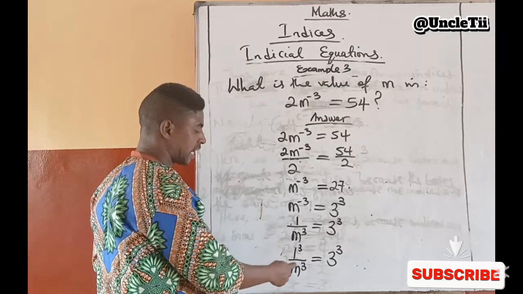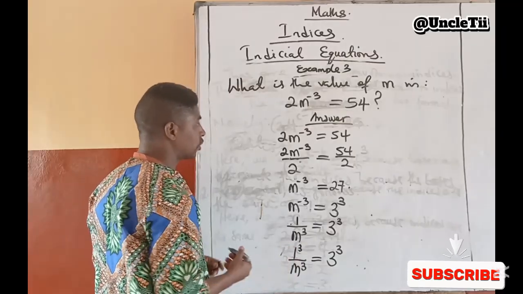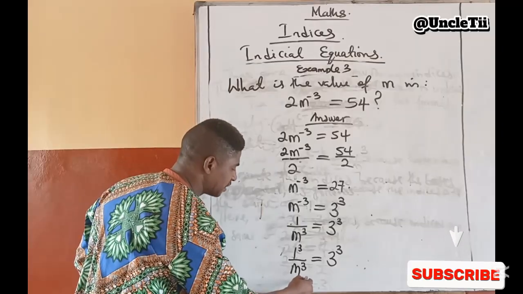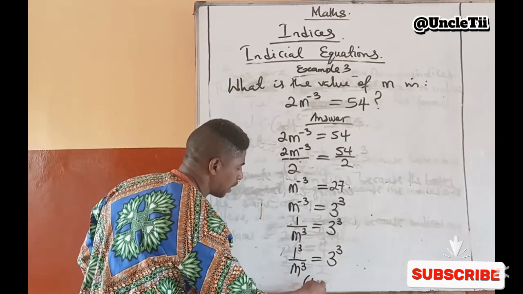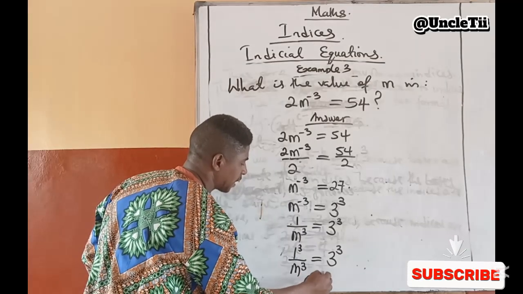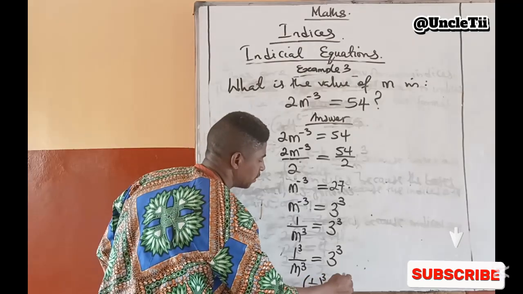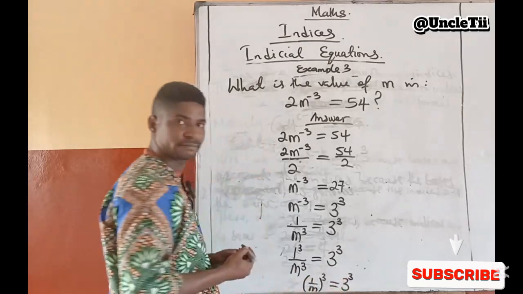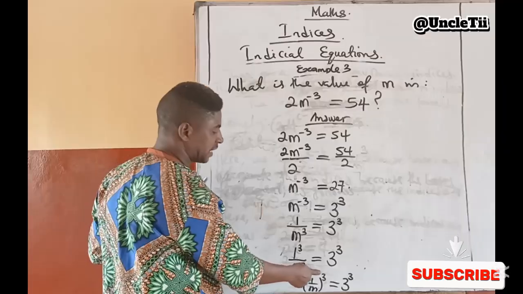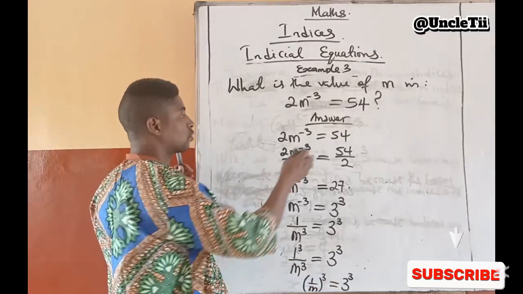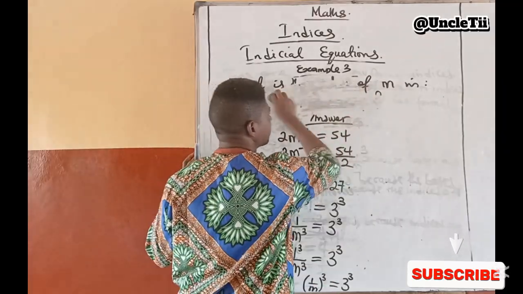Since 1 is carrying cube and m is carrying cube, we can rewrite everything there as bracket open 1 over m bracket raised to power 3 equal to 3 raised to power 3. So here now you notice that the indices are the same, so you can equate the bases.